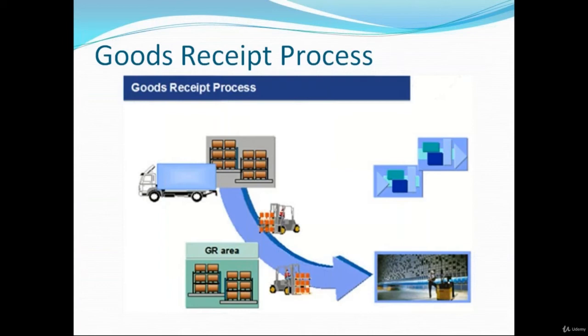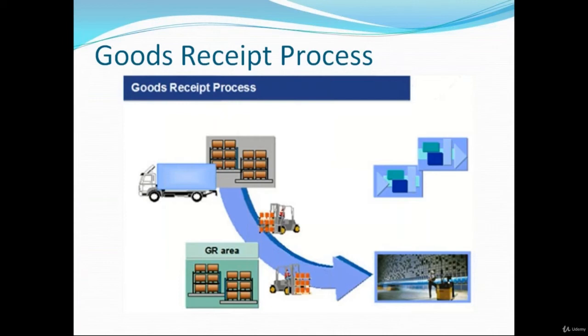MIGO. So if you are doing the good receipt with respect to a purchase order, the transaction code is MIGO with the movement type 101. 101 means good receipt with respect to purchase order.